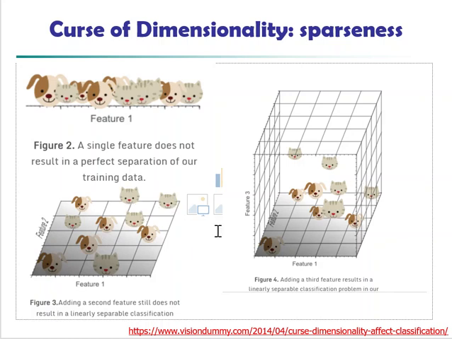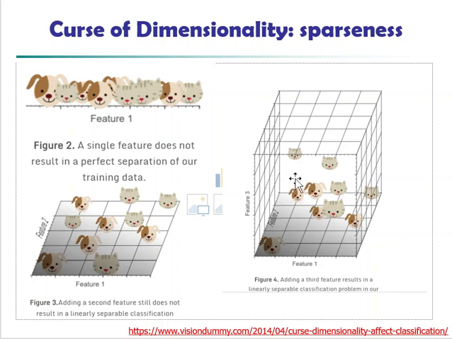You can keep adding new dimensions. The more dimensions you add, the more you expand the feature space. Now we have a three-dimensional space and the same number of training examples. You can see our feature space is no longer densely occupied by training examples. In certain areas we have no training examples, so the training data will not give us any clue in this segment of the feature space about how the observations might be distributed.